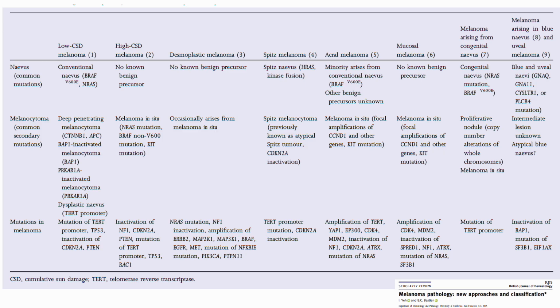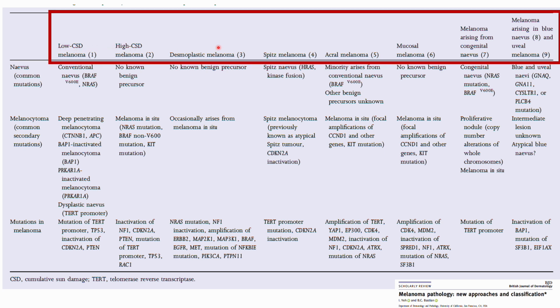So to give you a little bit of context, this is the 2018 WHO melanoma classification, and it classifies melanoma according to initiating driver. So here are the melanoma categories across the top. Low chronic sun damage melanoma, this is the old superficial spreading melanoma. High chronic sun damage melanoma, this is lentigo maligna melanoma.